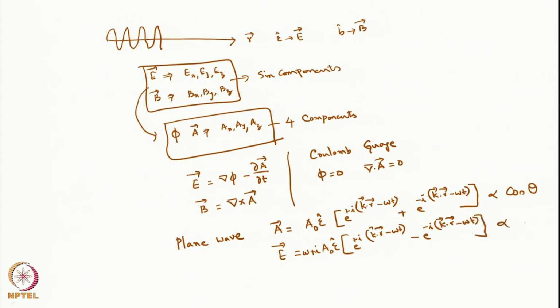So, this should be proportional to sin theta. Which means the vector potential A and the electric field E are out of phase with respect to each other by pi by 2.